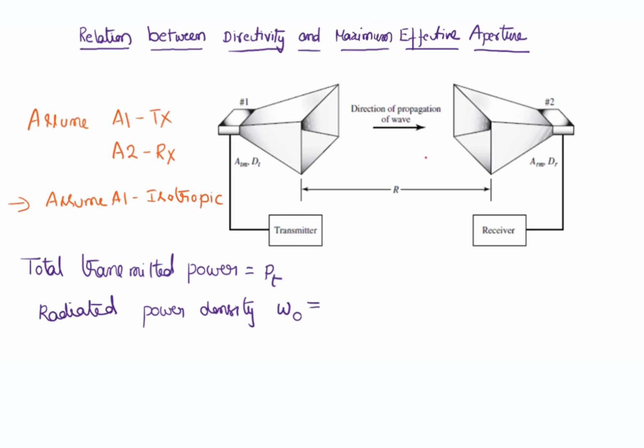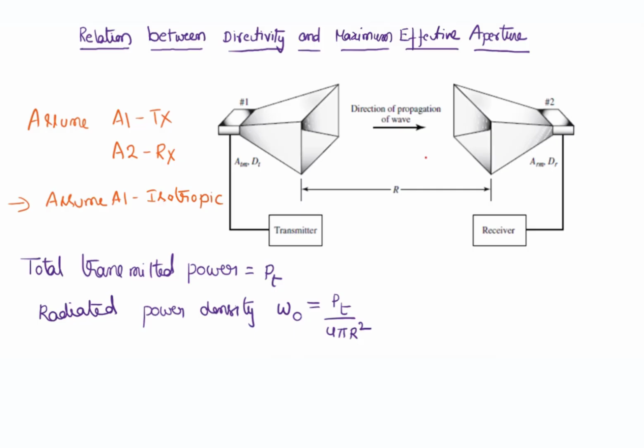W naught is related with the transmitted power as PT by 4 pi r square. You know the power density is power by area. Here, as antenna 1 is isotropic, it radiates equally in all directions. Means if you consider the radiation pattern, it is like a sphere. So as area, you have to consider the area of a sphere. So 4 pi r square is the area of a sphere. So the radiated power density W naught is equal to transmitted power by area.